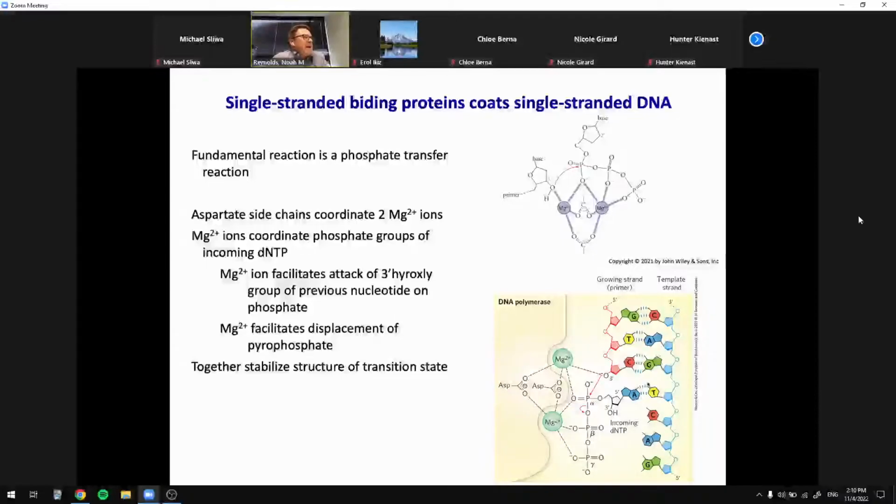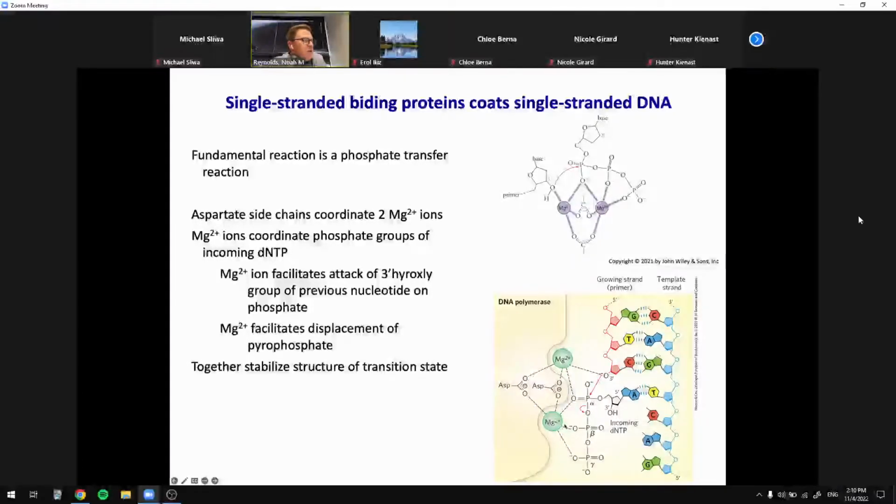And we talked about the mechanism of DNA polymerase to make that bond, and that we had these 2 coordinating magnesium ions. One of them, its job was to facilitate the attack from the 3' hydroxyl onto that alpha phosphate.